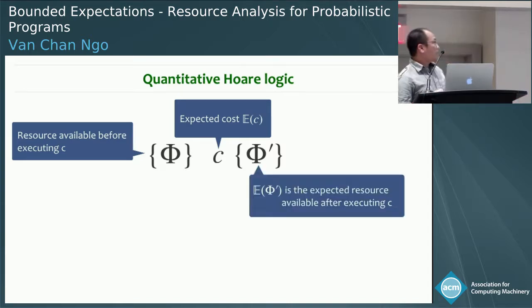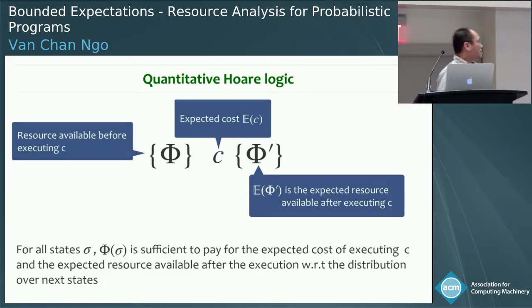And E of phi prime is the expected result available after executing the command C. The intuitive meaning of this tuple is that for all states sigma, phi of sigma is sufficient to pay for the expected cost of executing the command C, and the expected result available after the execution, with respect to the distribution over the next state.